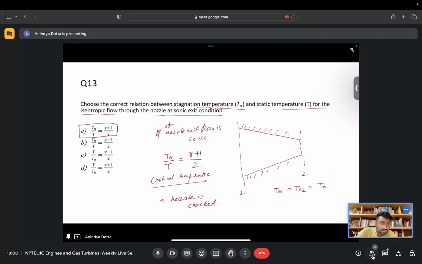Because if we want velocity higher than this, the flow has to become supersonic, and we know that a converging duct doesn't act as a supersonic nozzle. So this is the case where the maximum flow is going through the nozzle, which means the nozzle is choked, and this is what we call the critical temperature ratio at the nozzle exit.